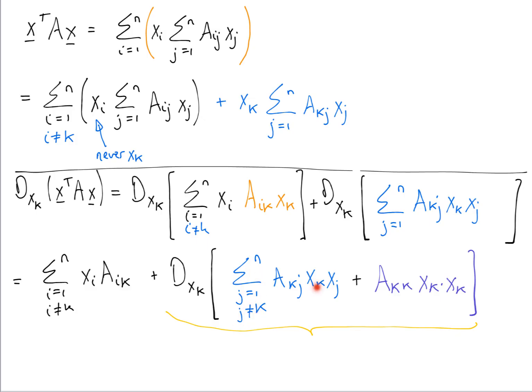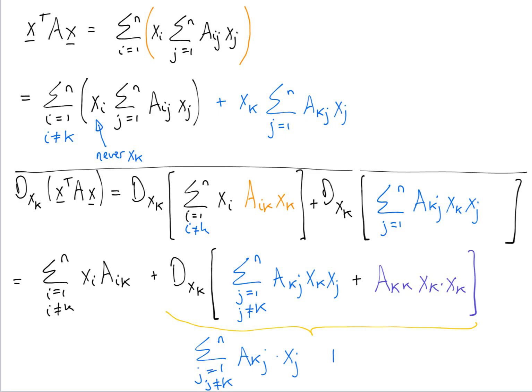So we have xk times constant a_kj and xj. So the derivative of this expression with respect to xk is just the constant a_kj and xj. And the derivative of the sum is the sum of the derivatives, so that term becomes the sum j equals 1 to n, where j differs from k, of those constants, a_kj times xj.